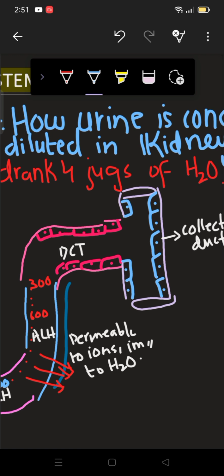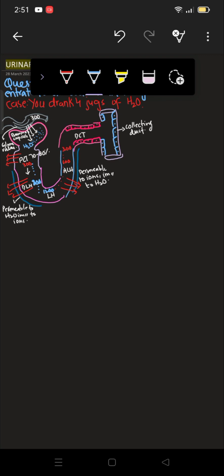Here the DCT and collecting duct will be impermeable to the water. As I told you, the DCT and collecting duct are either permeable or impermeable to the water. In some conditions they are permeable, like when your body has no water and it has to be reabsorbed from the DCT. At that time the DCT and collecting duct will be permeable to the water, and we will talk about that in the case where you are lost in the desert and have not drunk water.